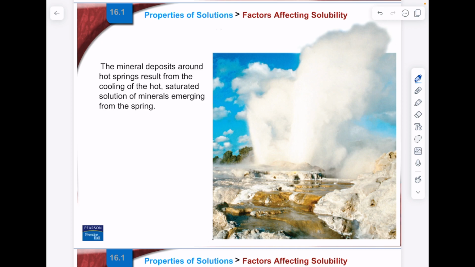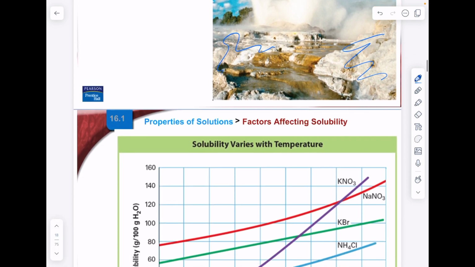When that hot water comes to the surface and is exposed to the cooler atmosphere, as the water cools down, it's going to leave behind deposits of calcium carbonate and other minerals as it settles out of solution. You can go through Yellowstone and see lots and lots of these features. These minerals are much, much less soluble in cooler and room temperature water than they are in the super hot water.